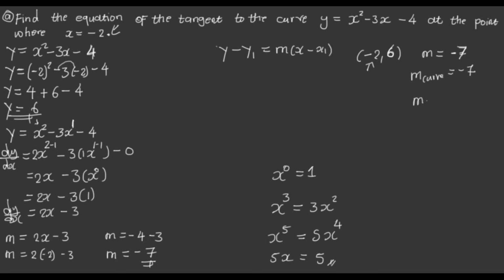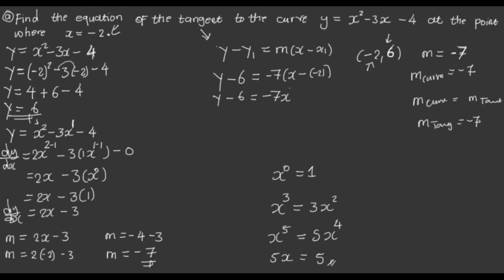We are going to use now the principle that states that the gradient of the curve must be equal to the gradient of the tangent at the point of contact. So the gradient of the tangent here will be negative 7. So now we can proceed with this equation. We'll say y minus y1, we have 6. The gradient is negative 7, x minus negative 2. So y minus 6 equals negative 7 times x, negative 7x.